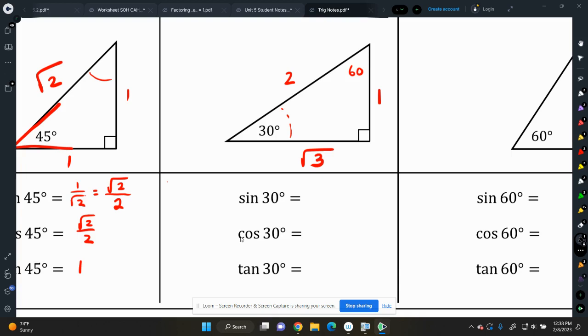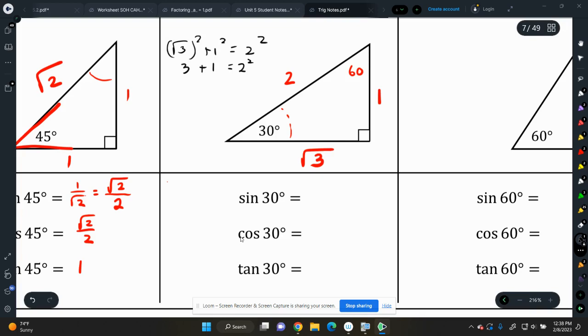I see that 30 and 60 degrees and I want to label the 1 and 2 accordingly, but it doesn't work. You just do a quick Pythagorean theorem check. Square root of 3 squared plus 1 squared, does that equal 2 squared? Well, the square root of 3 squared is 3, plus 1. Yes, that equals 2 squared, so it's labeled correctly.